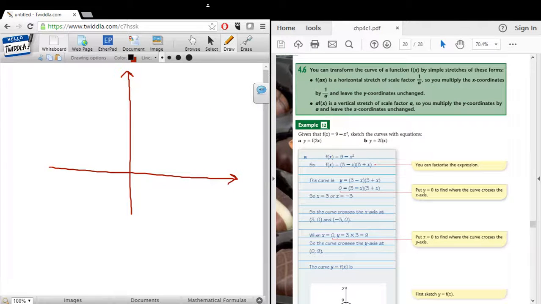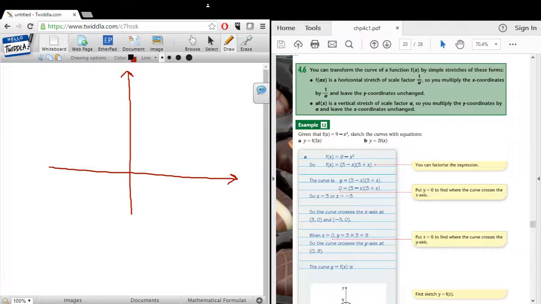So it says here, you can transform the curve of function f(x) by simple stretches of these forms. f(ax) is a horizontal stretch of a scale factor 1 over a, so you multiply the x coordinates by 1 over a and leave the y coordinates unchanged. a f(x) is a vertical stretch of a scale factor a, so you multiply the y coordinates by a and leave the x coordinates unchanged.